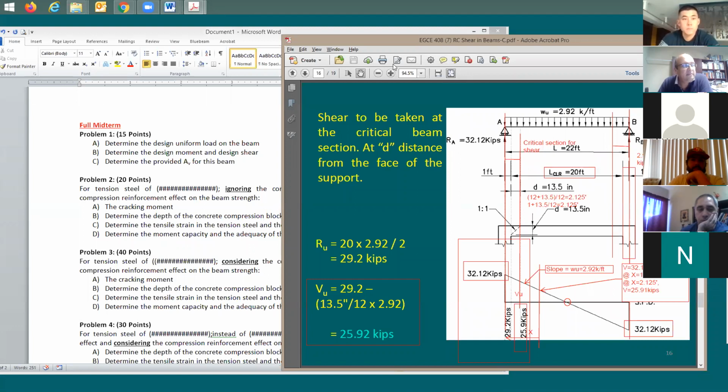Slide set 7 has a good example on the loads. Be sure that you know how to do the design shear. It's going to be at a distance d. This is what you call the critical section for shear, if you remember.